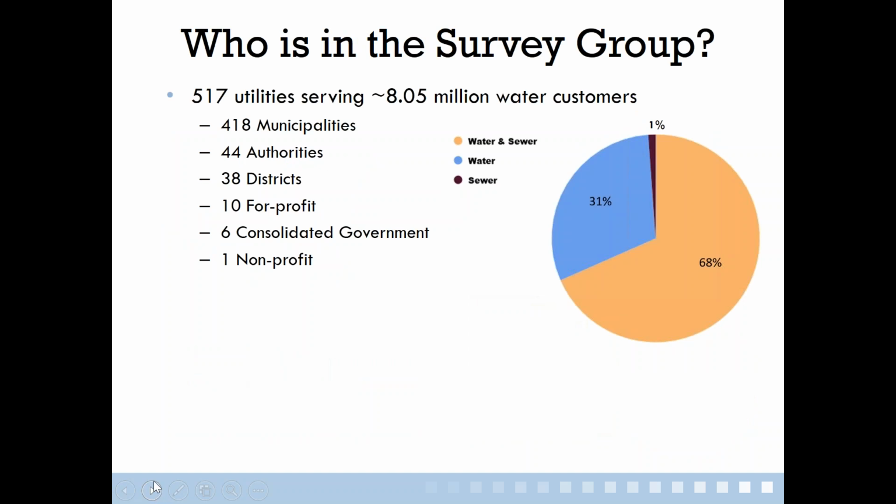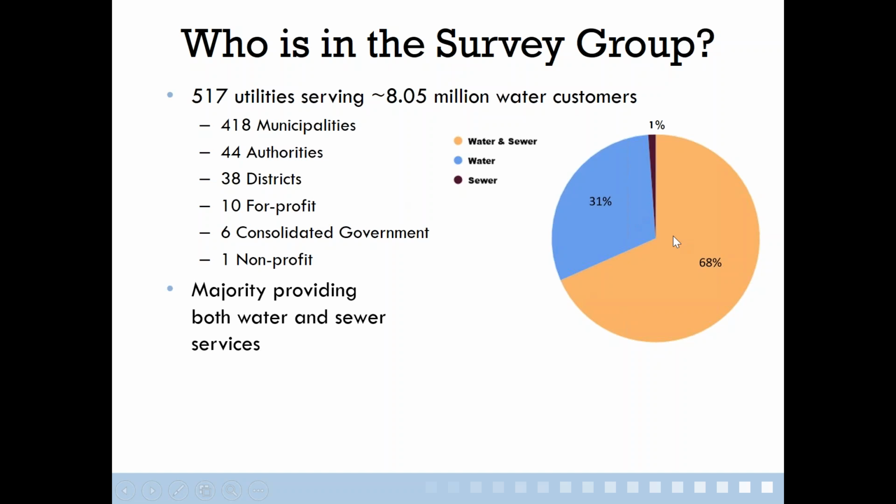Okay, so as I said, 97% of utilities participated this year, and that is 517 out of 539, and that's serving around 8 million water customers. Most of them were municipalities, then we have authorities, some districts, a few for-profits, some consolidated governments, and one nonprofit.